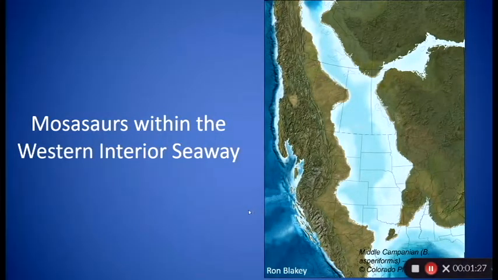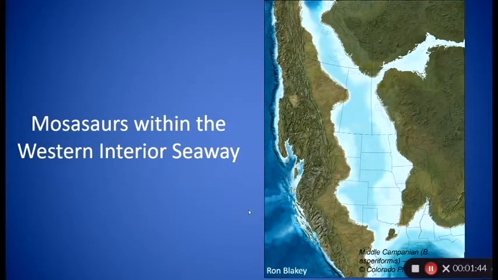This allows us to quantify their macroevolutionary patterns and begin asking questions about the interplay between changes in the Earth system and evolutionary and ecological patterns within this group of apex predators.